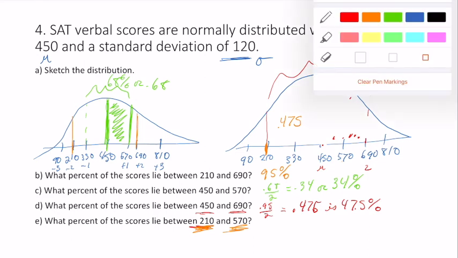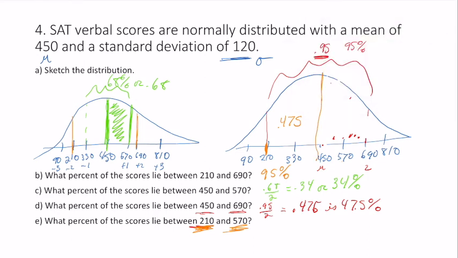So I know this is our mean. I've got 0.475 over here. 570 marks the first standard deviation, right? And we already calculated between 450 and 570, we have 34% of the data. So I'm going to take 0.475 plus 0.34. That gives me 0.915, or 91.5 percent.